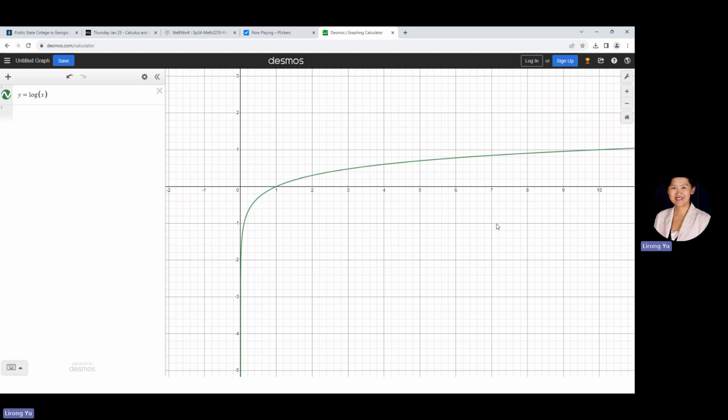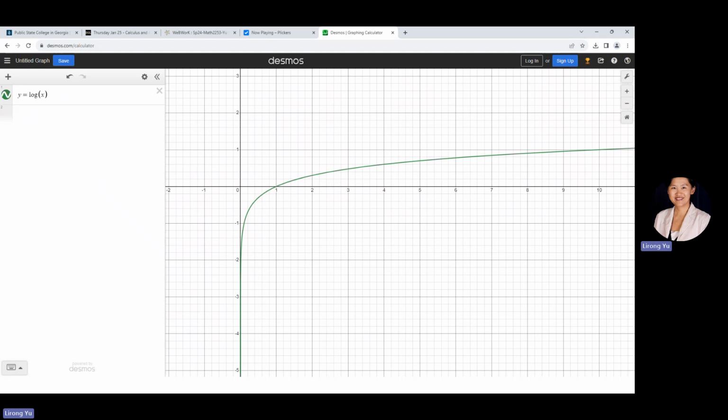Okay, so for the logarithm function you have to have positive x. The input has to be positive. We don't have anything over here. Close to 0, things are going down. So when x approaches 0, y goes to negative infinity. And when x goes to positive infinity, this is actually increasing, so y goes to infinity.